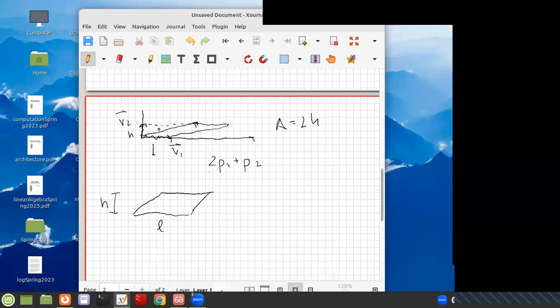This is the area of the rectangle. What's the area of the parallelogram? Well, one of the ways to do this is to embed this parallelogram in a rectangle.